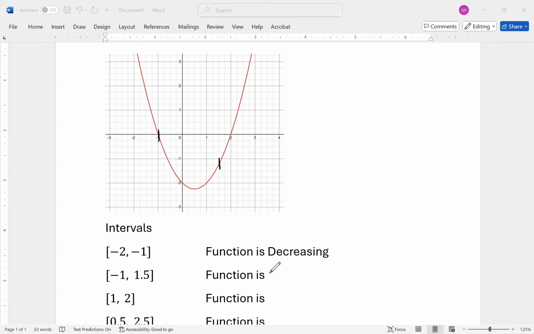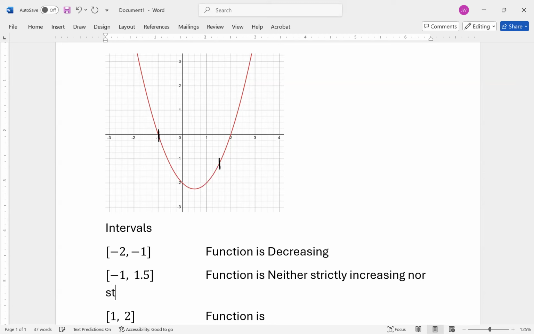Usually what we say is that in this case, the function is neither strictly increasing nor strictly decreasing. So it's doing neither.